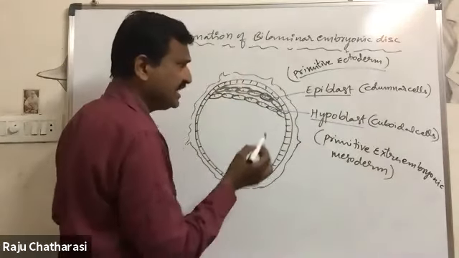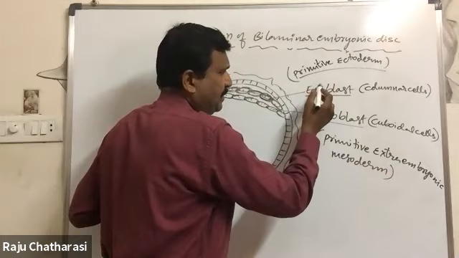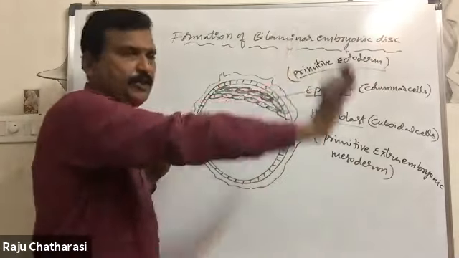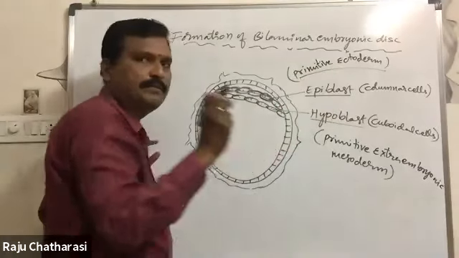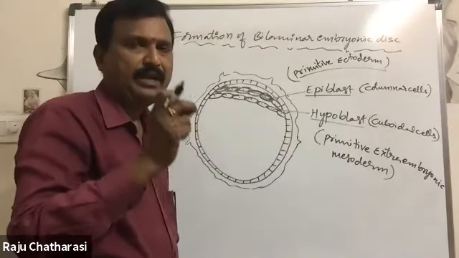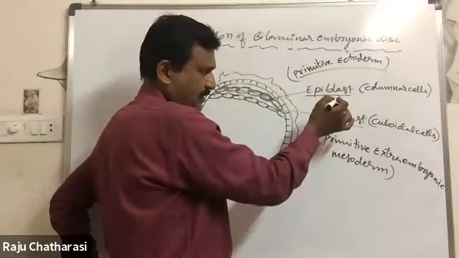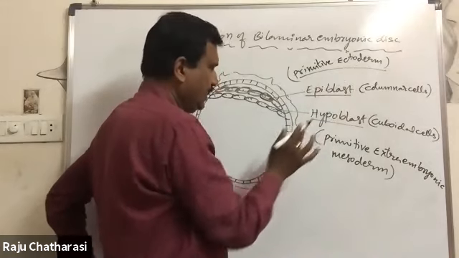Next, epiblast. It is primitive ectoderm. Ectoderm, endoderm, mesoderm: these three primary germinal embryonic layers will develop from epiblast only.